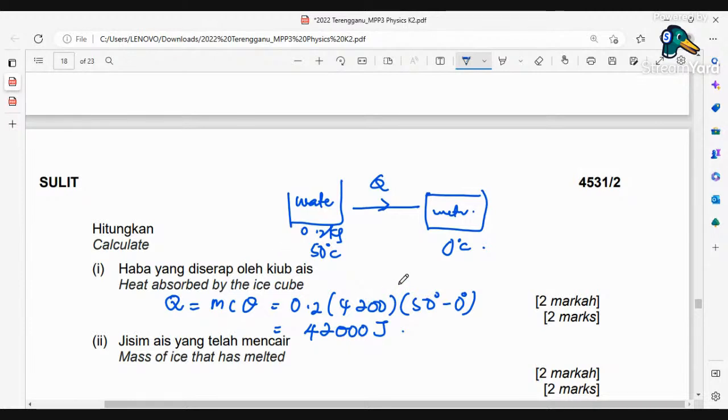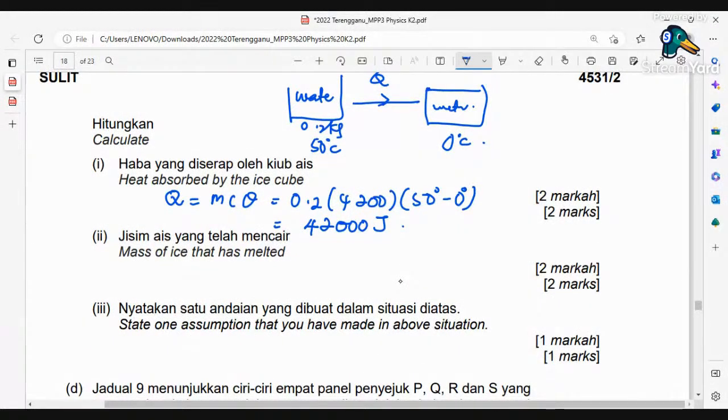So we assume that is the final temperature when ice melts. Okay. So the mass of melted ice means heat absorbed by ice equals heat released by water. So for heat absorbed by ice, we can use this formula, Q equals ml, for the fusion process of melting. Fusion process.